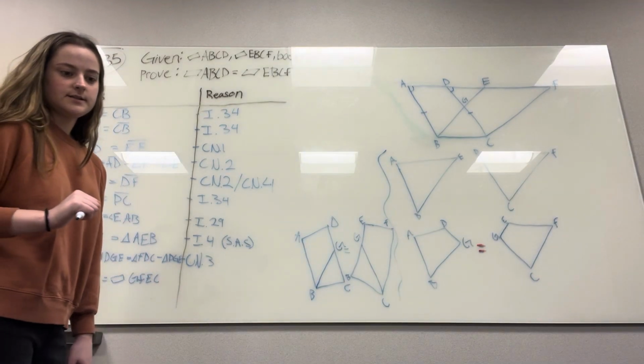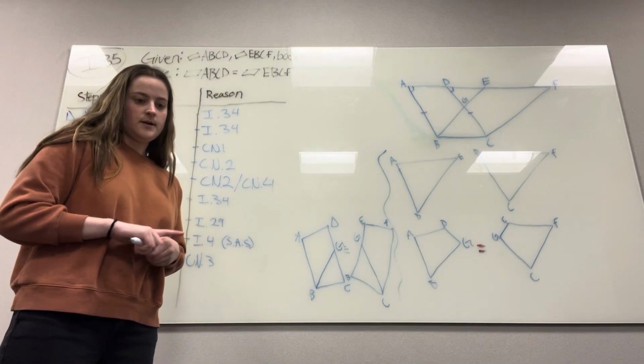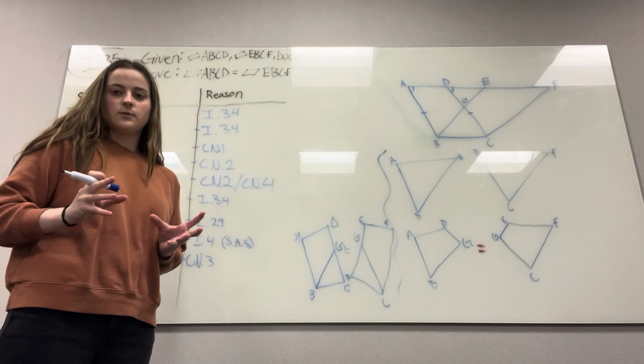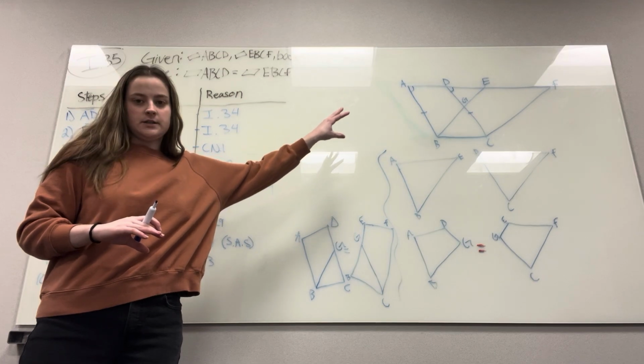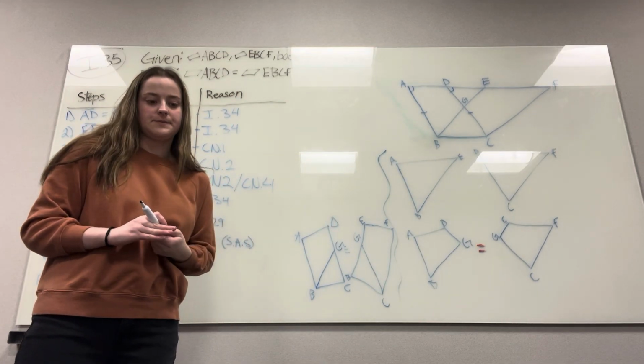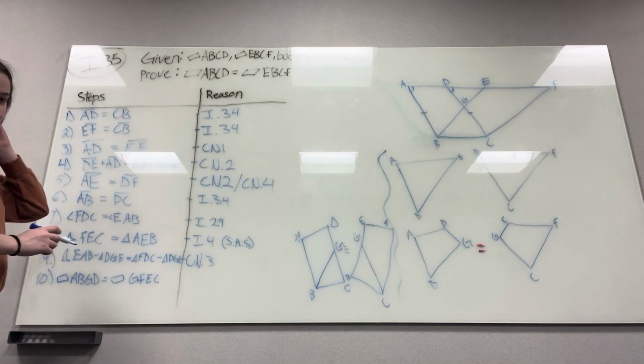And this is because of common notion 3, which is we subtracted the triangle up there from our original shapes.